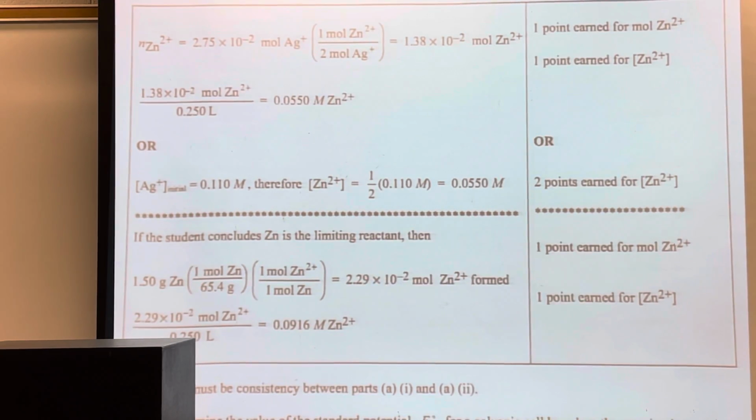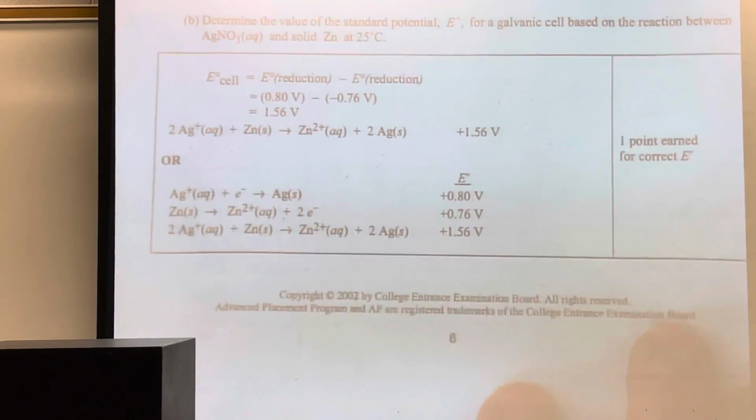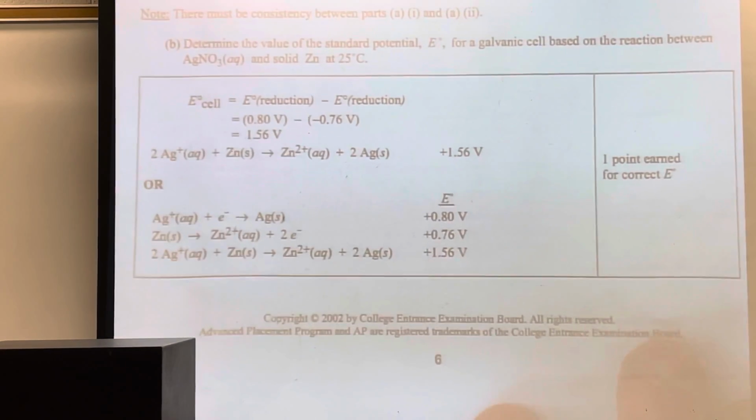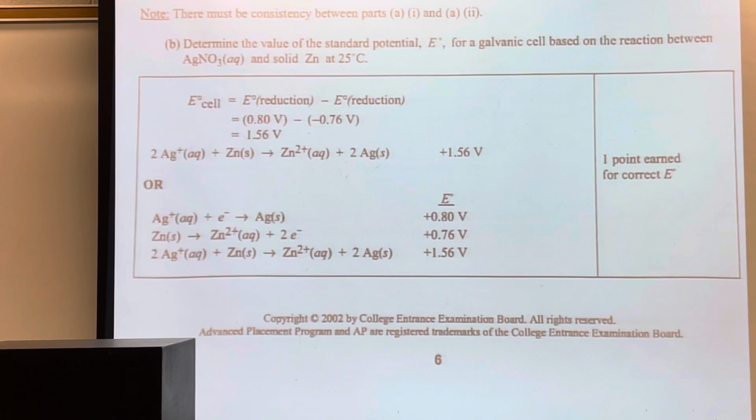We all good there? And then just your cell potential. This is part B. E red minus E ox.